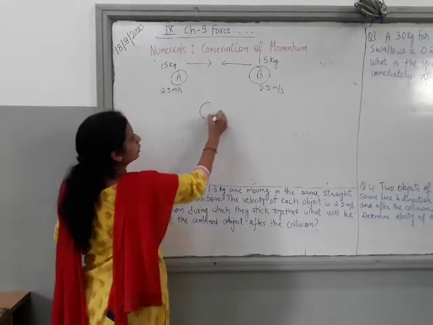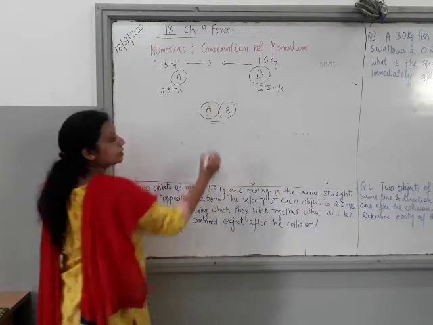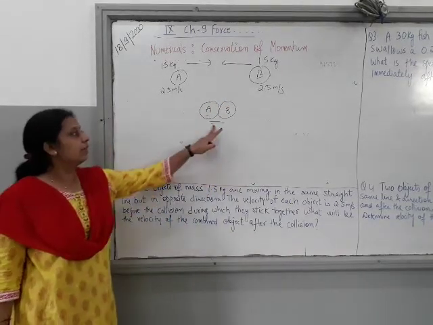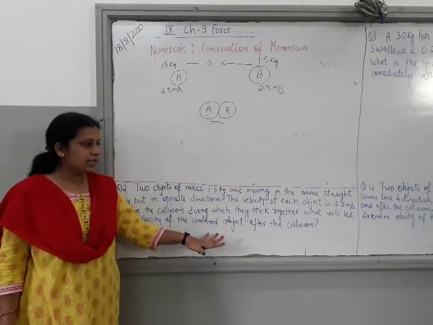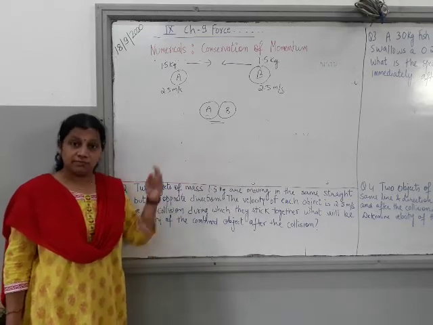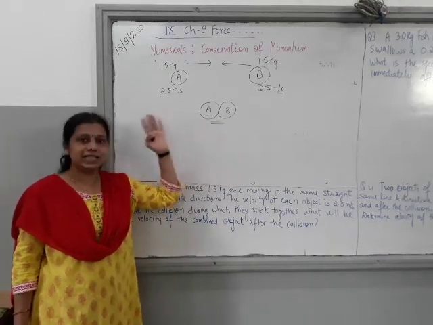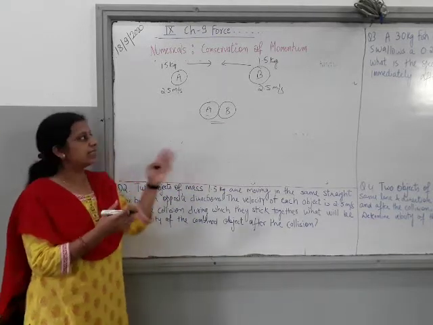After that, they will collide and stick, and you have to find the velocity of this combined system. Now in this type of numericals, if you think a little bit, there is no need to do all this calculation. They are of the same mass, with the same speed they are moving. When they stick, they will stop. And the same thing we will see here.